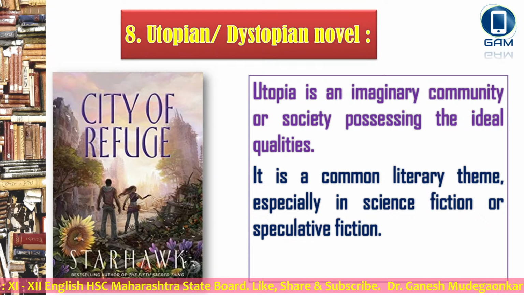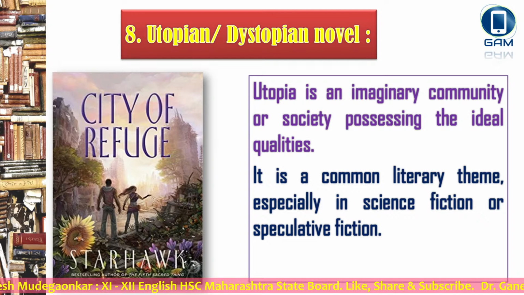What kind of picture? Where the society is complete at its peak, they are having that ideal kind of behavior, that ideal kind of characters, and those ideal qualities give you that rosy picture, very good picture of the society.